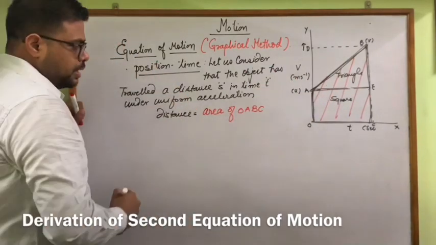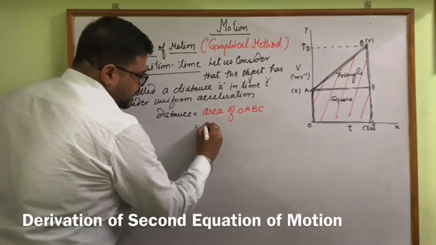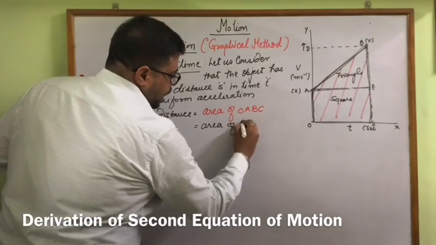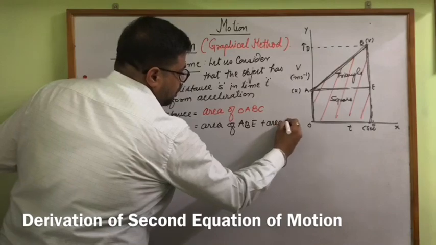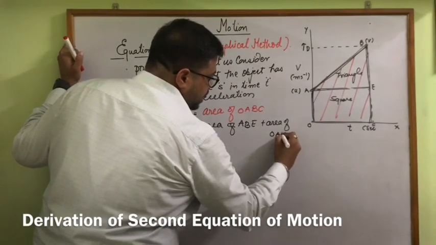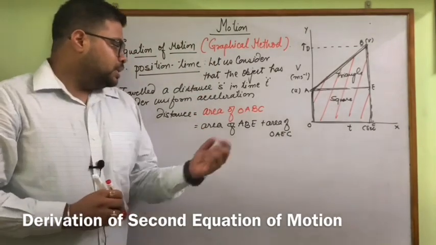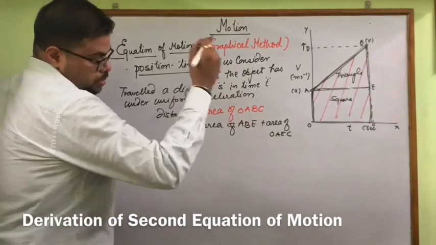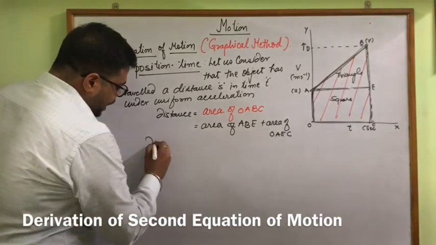Why? See here, now the area of OABC, here I can write, area of the triangle ABE plus area of the square OAEC. Now in 9th class we know the particular formula. So again I rewrite distance.